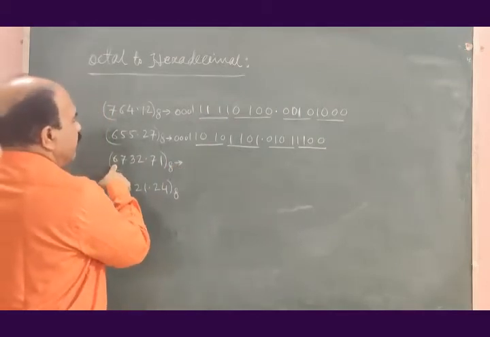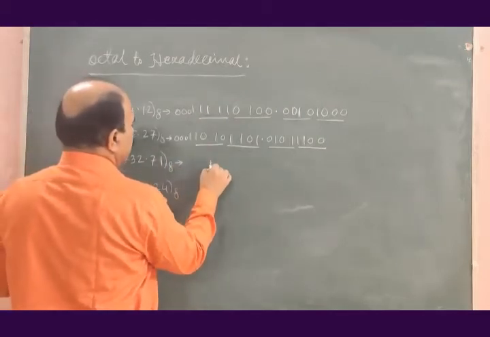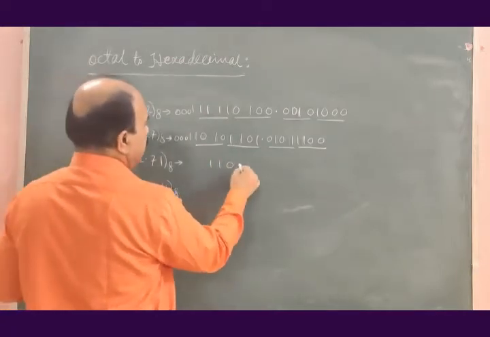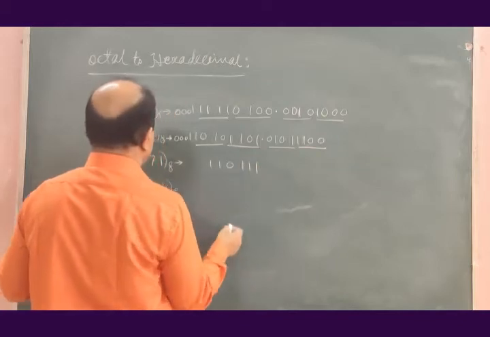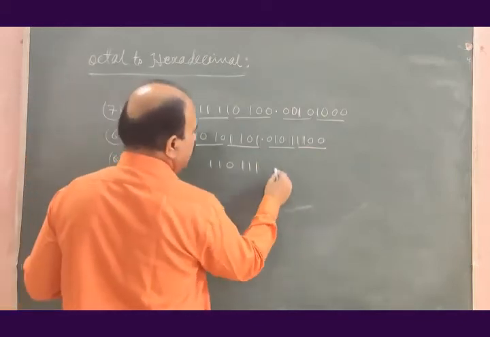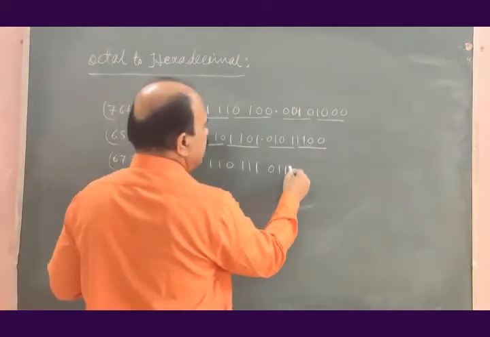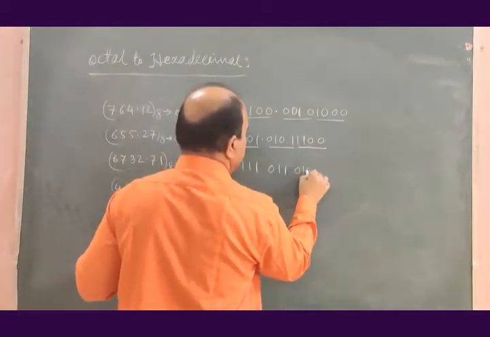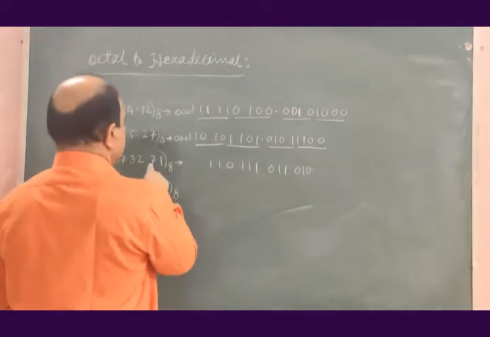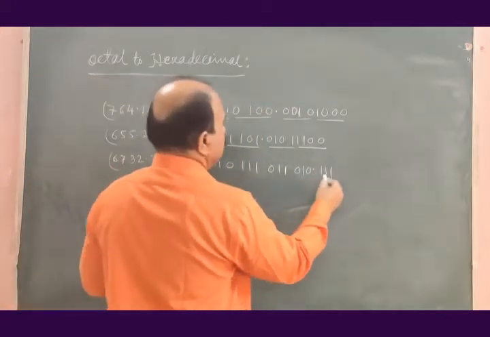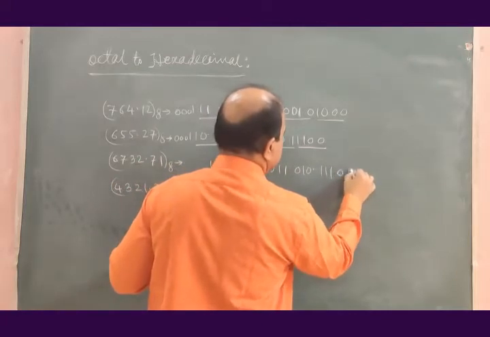Replace 6 by 3-bit binary 1 1 0, 7 by 3-bit binary 1 1 1, 3 by 3-bit binary 0 1 1, 2 by again 3-bit binary 0 1 0, binary point, 7 by 3-bit binary, 1 by 3-bit binary.